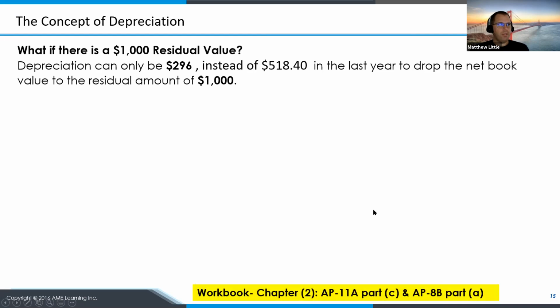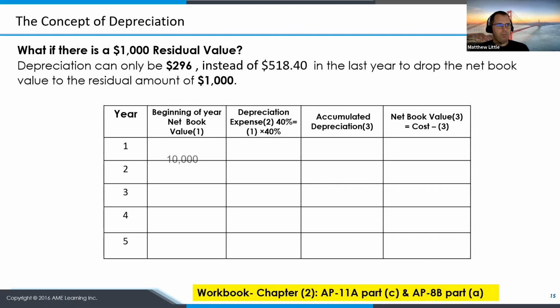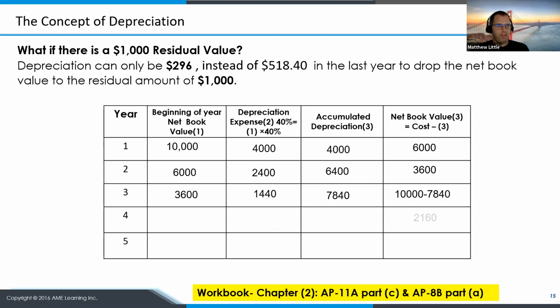All right, so what if there was a $1,000 residual value? What we would do is we have the same calculations for the first part of the table. That means you can't dip below the 1,000. So for the final year, since we're in our final year of life, we're at a net book value opening of $1,296, but we can't go below $1,000 because that's what we agreed was a residual value.